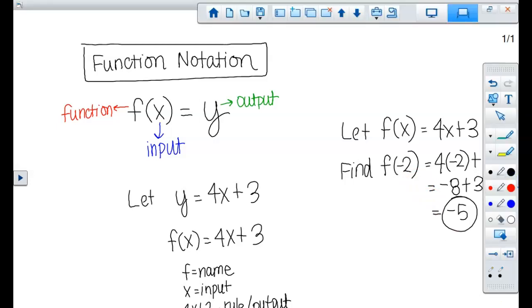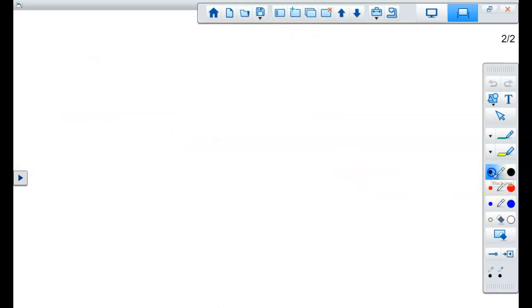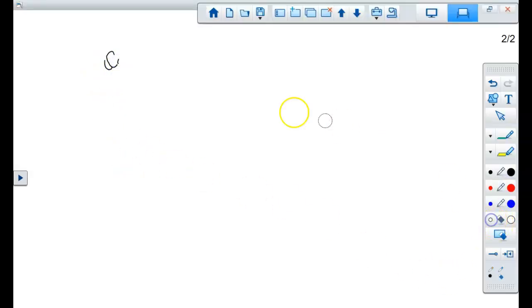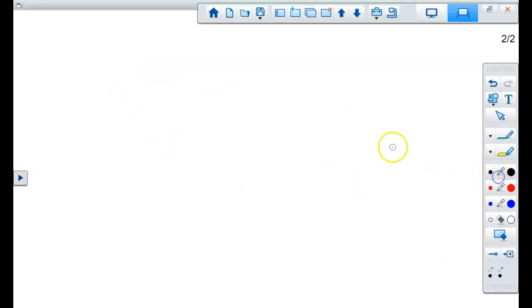Now, we are going to, again, build on that. Notice we're in this building process right now. And what we're going to do today is talk about composition of functions.